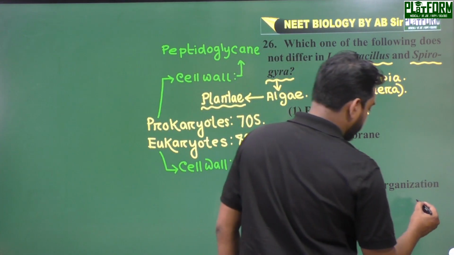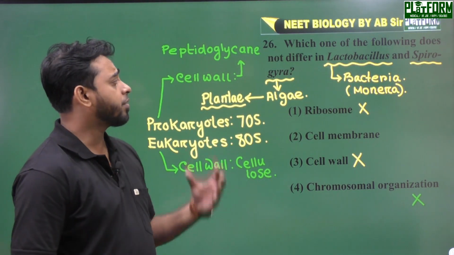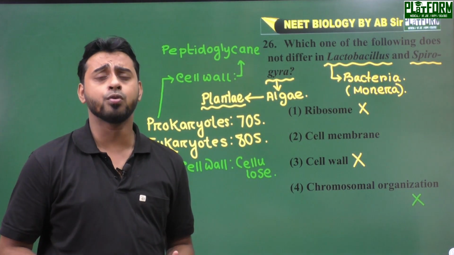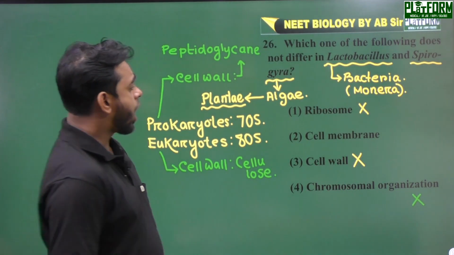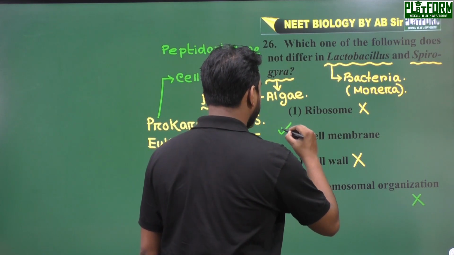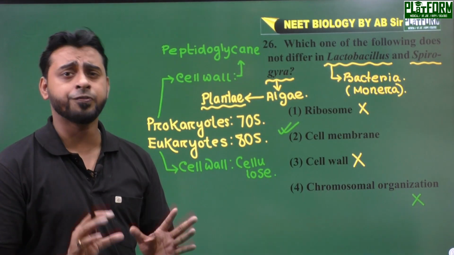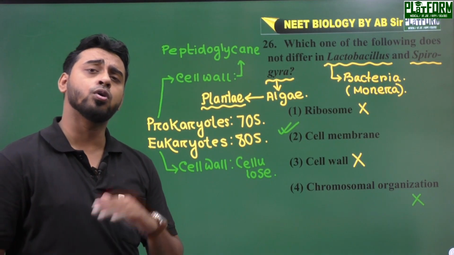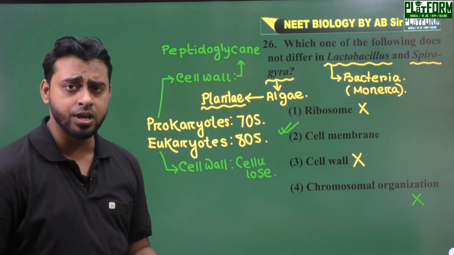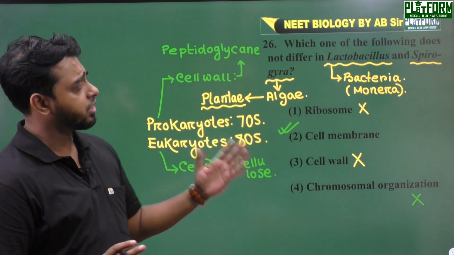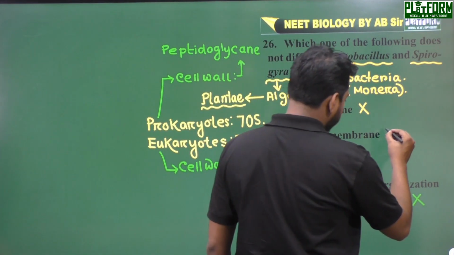This is not at all the chromosomal organization, because we know that all the prokaryotes are without any chromosomal organization. So the answer will be the cell membrane. The cell membrane is a common feature which is present in both prokaryote and eukaryote, and the composition of the cell membrane is more or less similar in both, because it is a biological membrane.